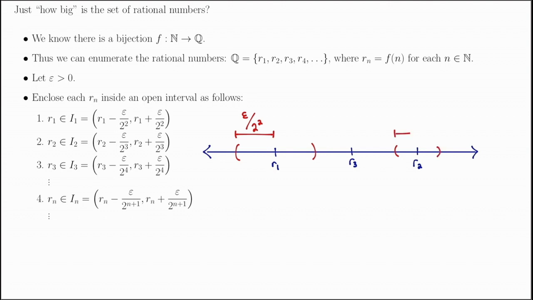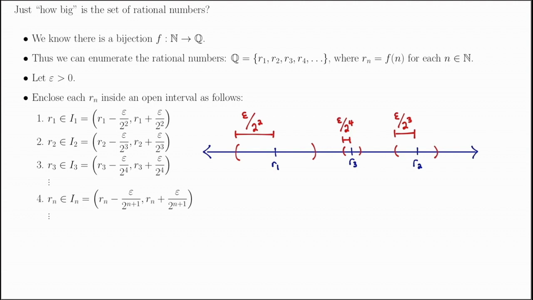Here the radius is epsilon over 8. Then we can go over to the third rational number, r3, and do the same thing where again the radius is going to be half of the previous radius. So here our radius around r3 would be epsilon over 2 to the 4th power.